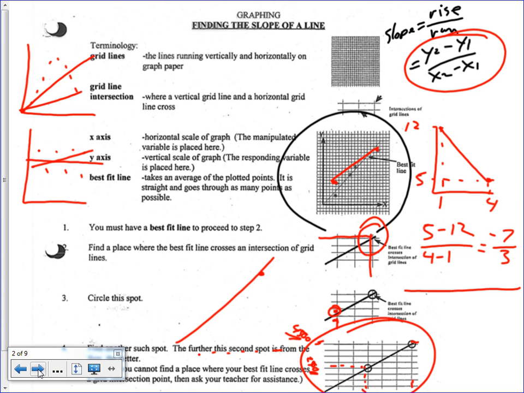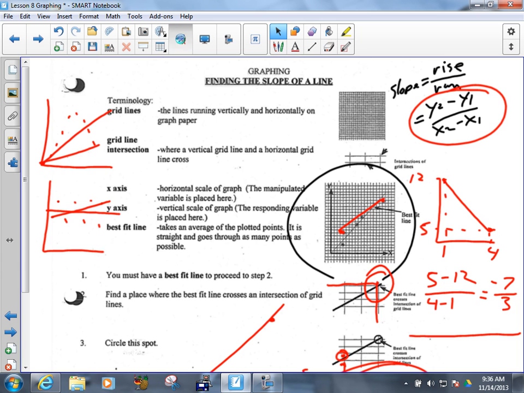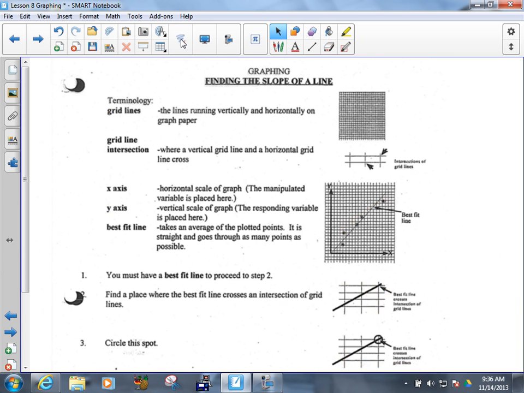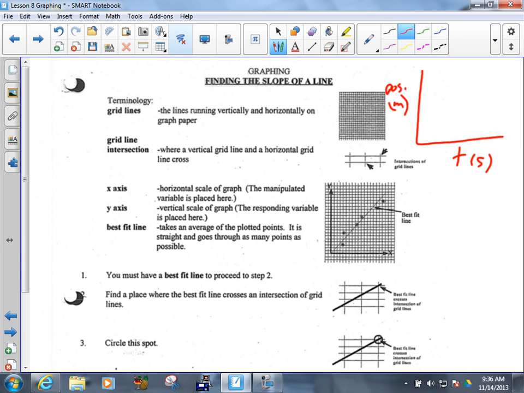I've got to erase all my doodles here from the last time. So, finding the slope of a line. Super important skill, because the slope of the line tells us the numerical relationship between the manipulated variable and the responding variable. For example, if I had a graph, and this is going to be a lab that we're going to do, with time in seconds on the x-axis and position in meters on the y-axis, the relationship between my points is going to be the speed at which the object is traveling.